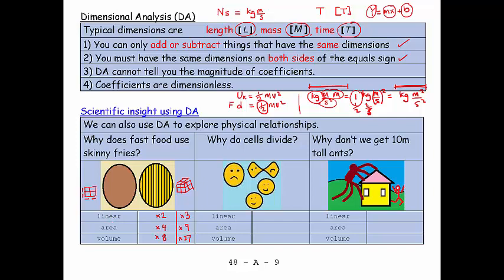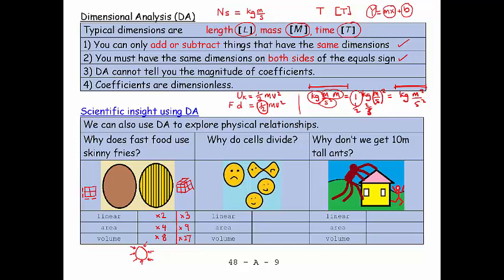Big potatoes cook slower than small potatoes, because if I double the size of the potato, I have 8 times the volume. So I have 8 times the amount of potato to cook, but I've only increased the surface area of the potato by 4 times.